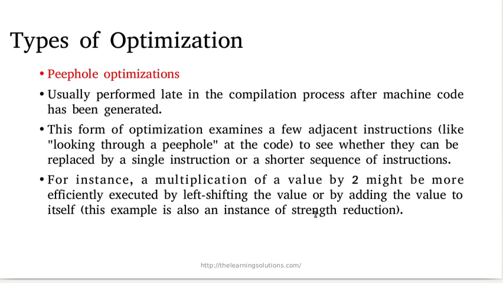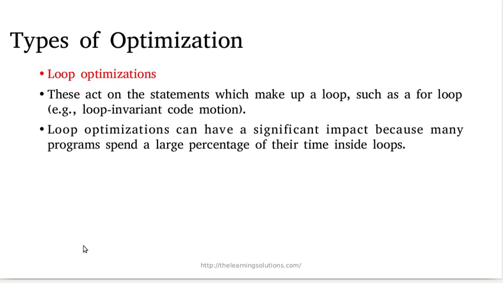Or, in terms of bit operations, we can simply perform a left shift operation on the given number so that we get its double value. These are some of the ways that can be used as optimization techniques, and this is done in peephole optimization. We will look into this topic in more detail in the next video tutorial. So this is one way of optimization.